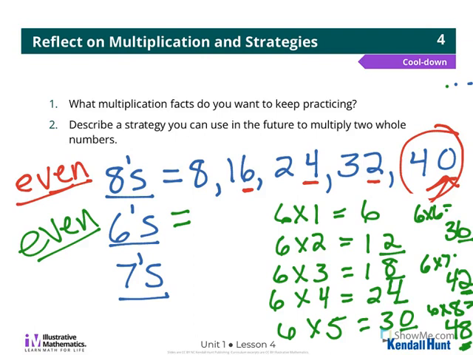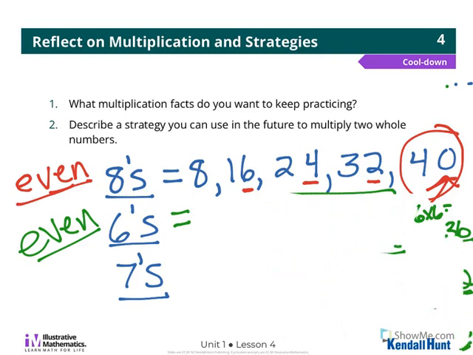Kind of has a pattern. 6, 2, 8, 4, 0. 9 times 6 is 54. So it kind of follows a 6, 2, 8, 4, 0 pattern for the last digit. But by the time you memorize that, you might as well just memorize the math facts. Again, it's kind of one you just have to memorize and work through.